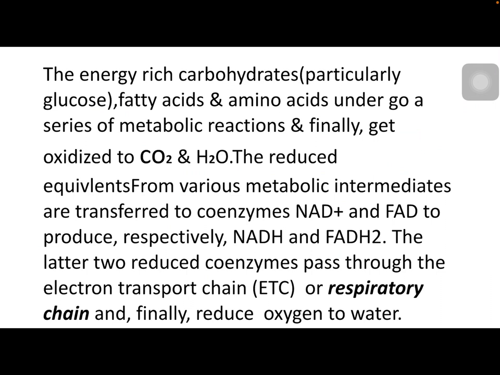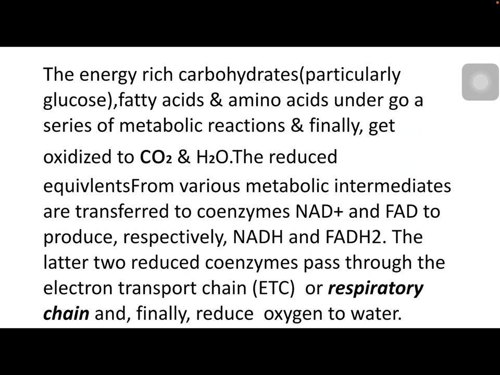The energy-rich compounds, which may be carbohydrates, fats and amino acids, undergo a series of metabolic reactions and finally get oxidized to carbon dioxide and water. The reduced equivalents from the various metabolic intermediates are transferred to the coenzymes NAD and FAD to produce NADH and FADH2.